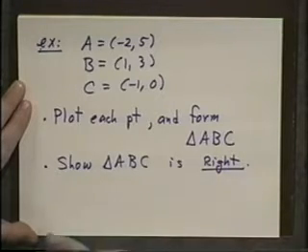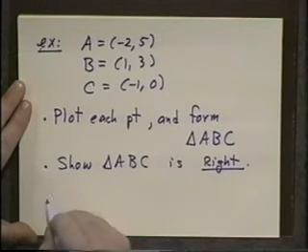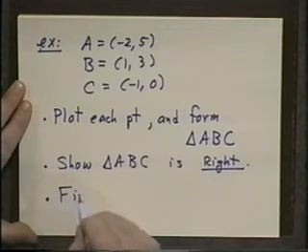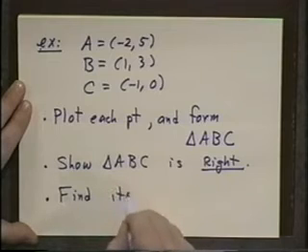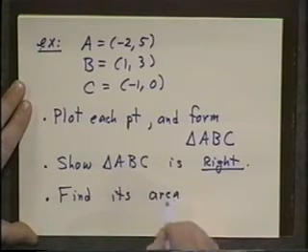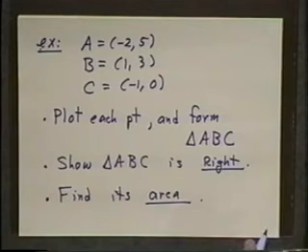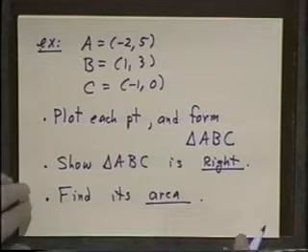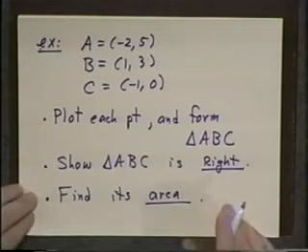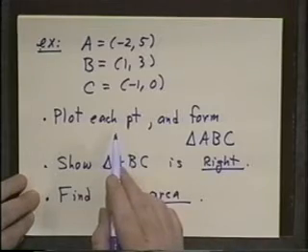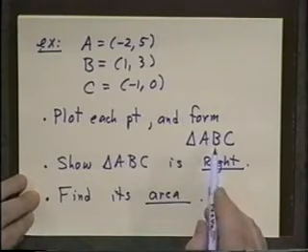It is a right triangle. It is a triangle with a right angle. And finally, find its area. So there's what I need to do in this problem. We'll attack it piecemeal. First of all, we'll plot each point, and then we'll draw lines between them to form the triangle. So that is the first step.